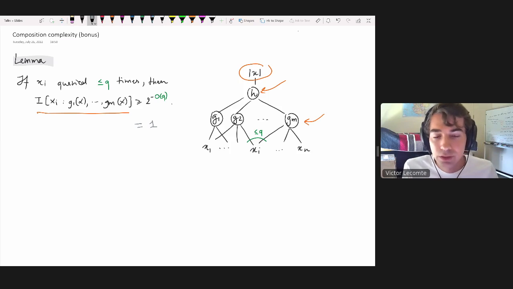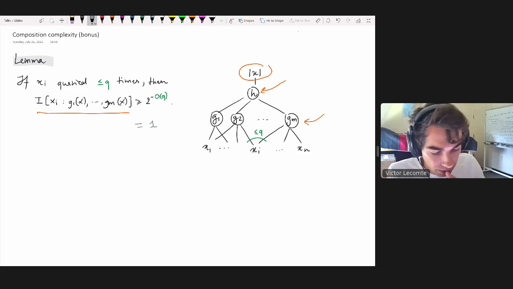Here it's not going to be possible to do this in the general case, so instead we're going to have to argue that you can say something non-trivial about xi. So maybe you can make a guess that is better than a 50-50 chance about xi, at least in some cases.